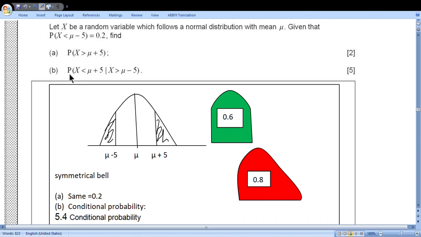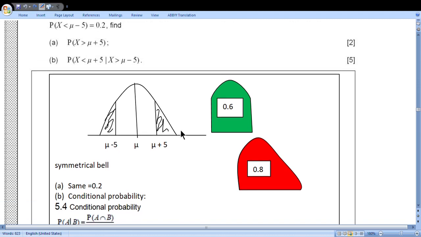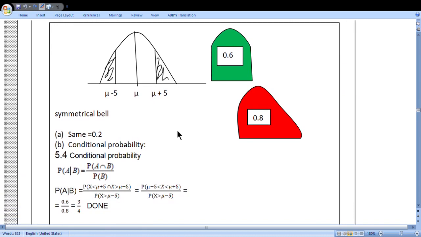Find the conditional probability that x is less than mu plus 5, provided that x is more than mu minus 5. For conditional probability, we divide the probability of the intersection by the probability of the condition.